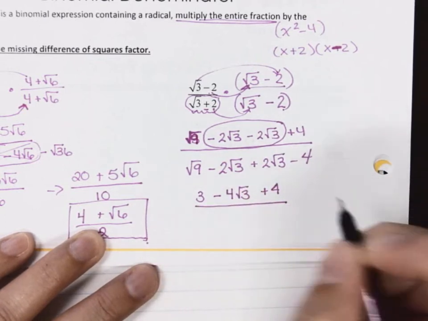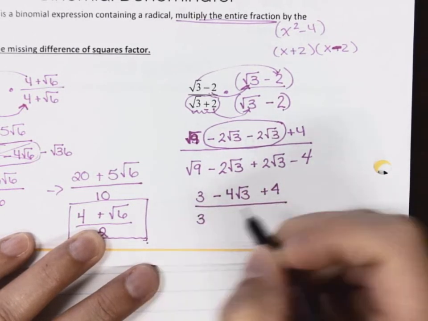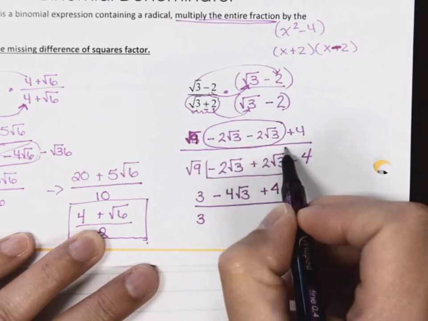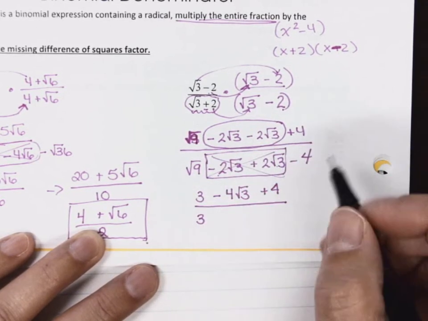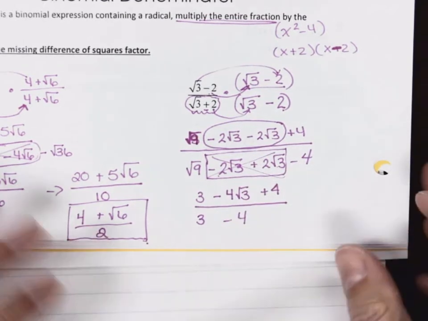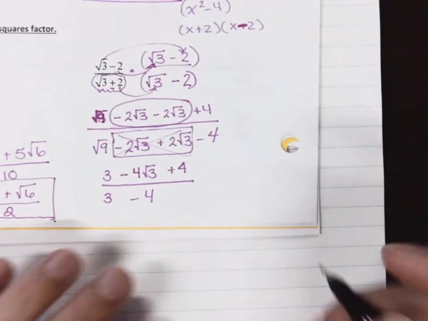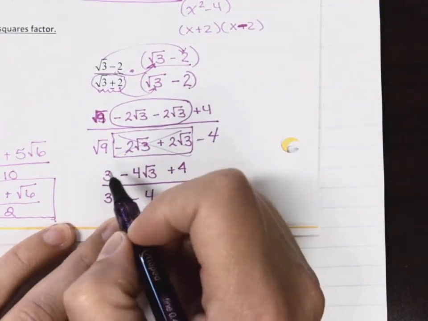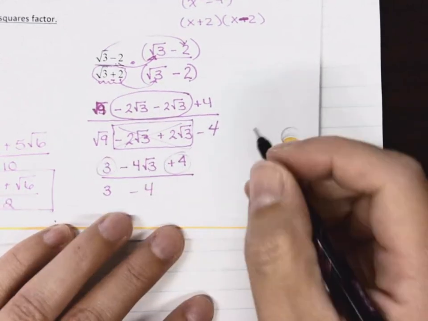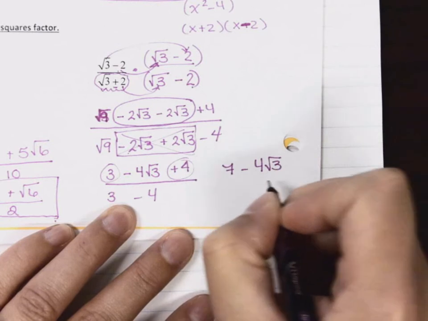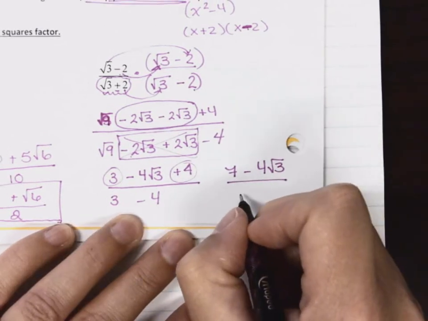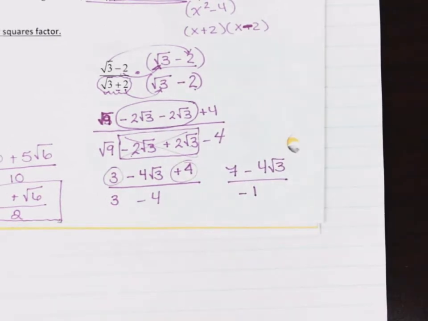And then on the bottom, that's going to be a 3. What do I do with these two? They can't, because one's positive, one's negative, so they cancel each other out. Minus 4. This is still really messy. I'm going to add like terms together, so I can add those together. So 7 minus 4 root 3 over negative 1.